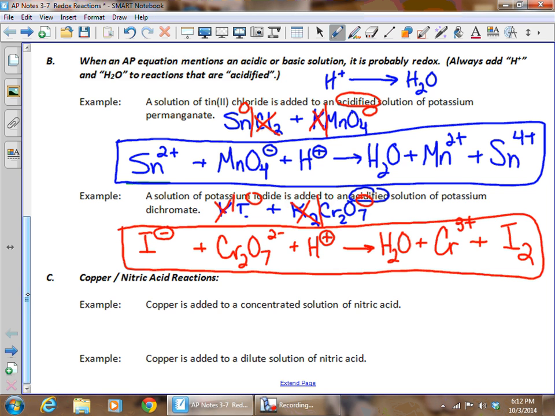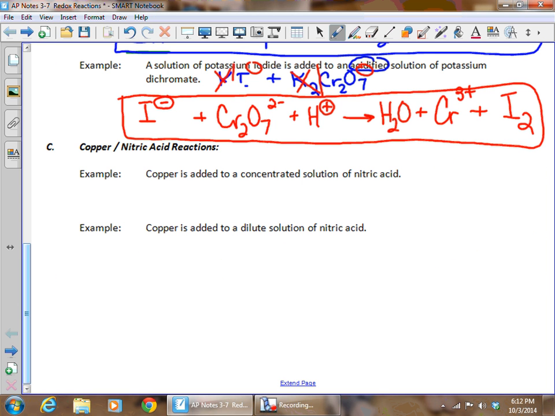Now, I do want to show you a couple of ones that happen all the time, and this is with copper and nitric acid. Copper reacts with concentrated nitric acid much differently than it reacts with dilute nitric acid. If you have concentrated nitric acid, copper is going to react with that nitric acid.